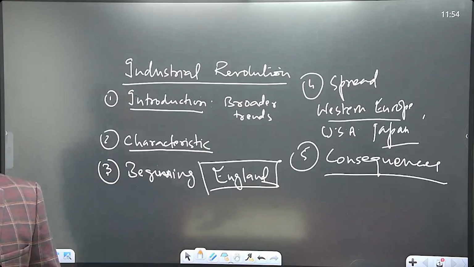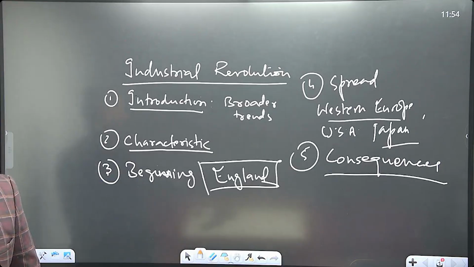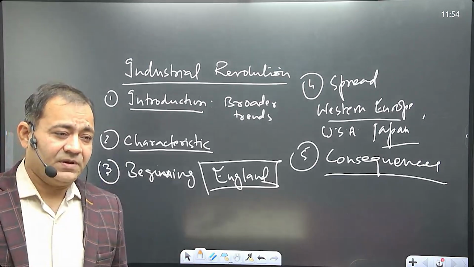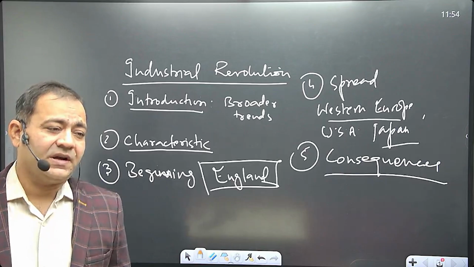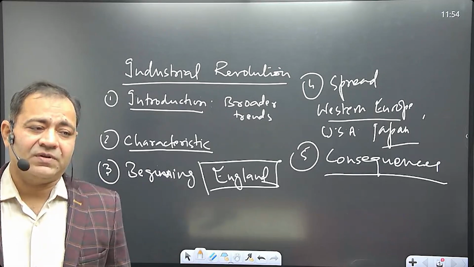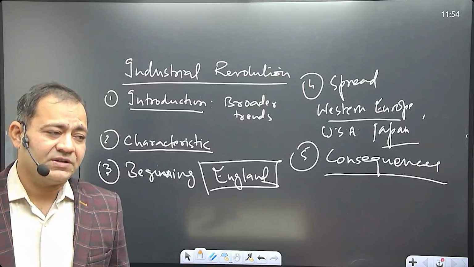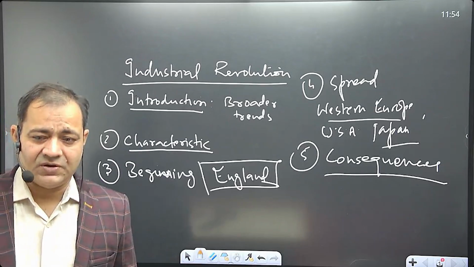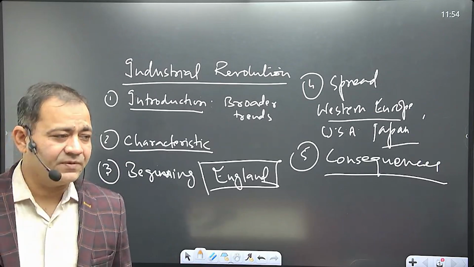It is something like this: the topics like Vienna Congress, liberalism, nationalism, unification of European revolutions, unification of Italy, unification of Germany. The way these topics were interconnected and we covered them together, in the same way we have to cover the industrial revolution. Is this understood? Clear or not? Any doubt, any confusion?